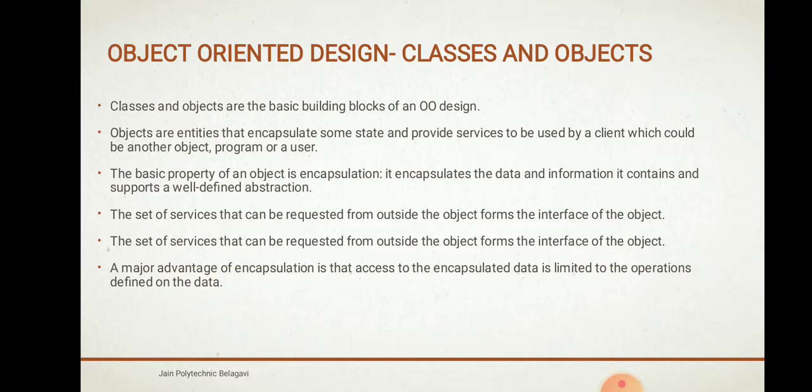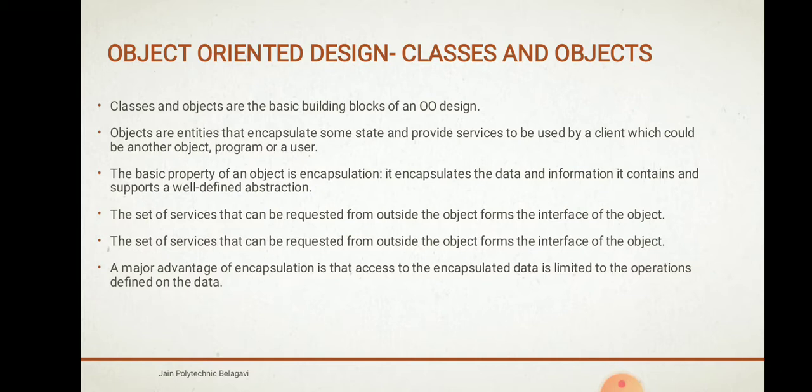Objects are nothing but entities that encapsulate some state and always provide services to be used by the client. Now the basic property of an object is encapsulation. What is encapsulation? It encapsulates the data and information it contains and supports a well-defined abstraction. Abstraction means hiding this data.